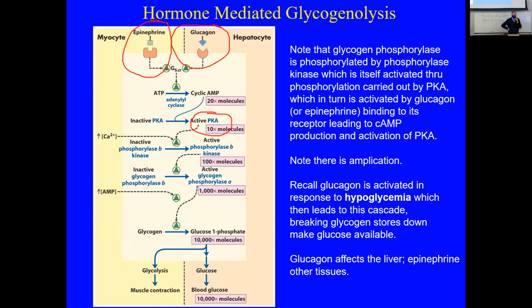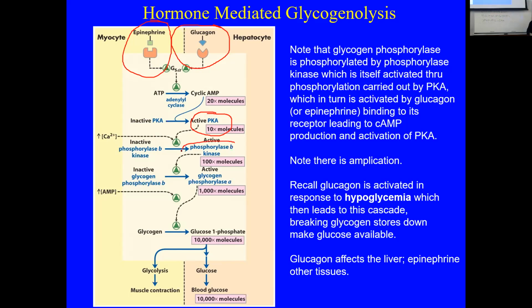Protein kinase A, in turn, is going to phosphorylate an enzyme called phosphorylase kinase, or maybe more descriptively, glycogen phosphorylase kinase. This enzyme is going to be responsible for phosphorylating and activating glycogen phosphorylase.